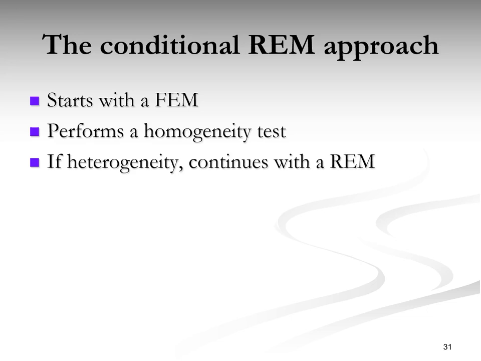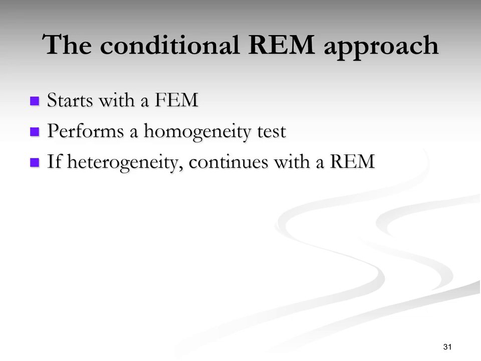I want to mention very clearly that this conditional random effects model is not a good approach. The problem is that the power of the homogeneity test is not very good. So it is possible that the assumption that all population effect sizes are the same is simply wrong, but still that this assumption is not rejected in our homogeneity test.